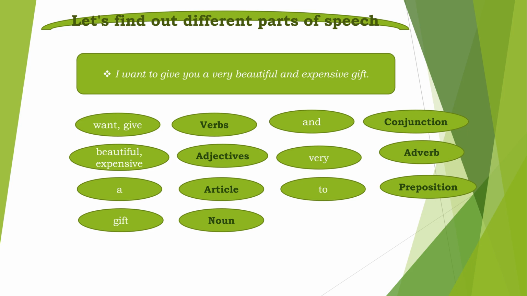Thus, we have learned that all different parts of speech have their own function in a sentence. They have their proper order. One part of speech cannot be replaced with another because it has its own job and its own order in that particular sentence.